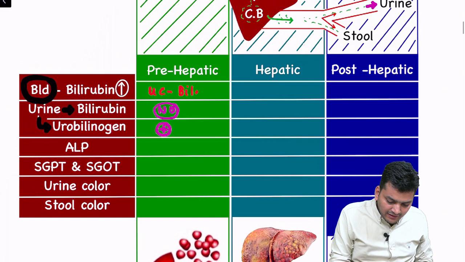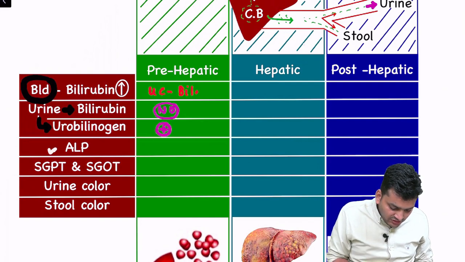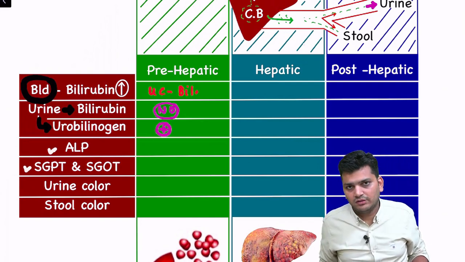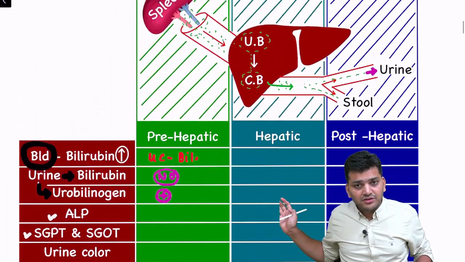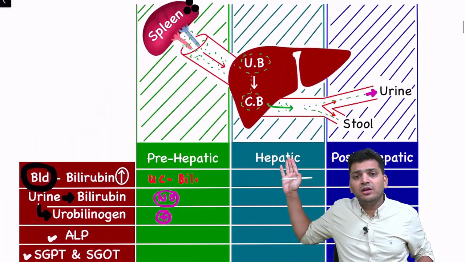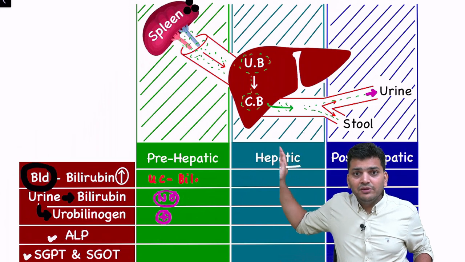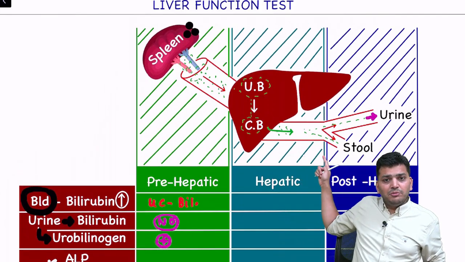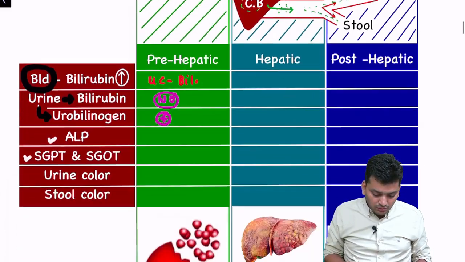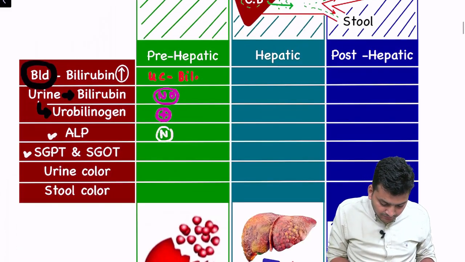Now you know that alkaline phosphatase, SGOT, SGPT are related to what? They are related to the liver. Alkaline phosphatase is related to obstruction, and SGOT, SGPT are related to the liver. Is there any problem in the liver? No, in the prehepatic cause, there is no problem in the liver. Is there any problem in the flow of the bile? No. So the alkaline phosphatase is normal.